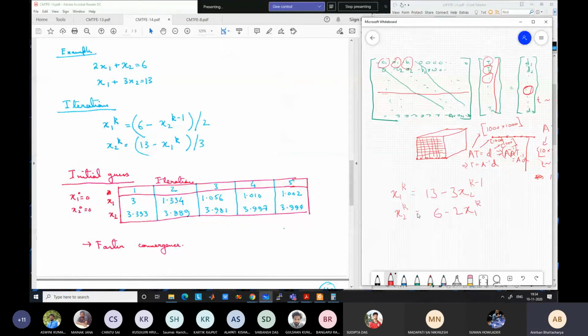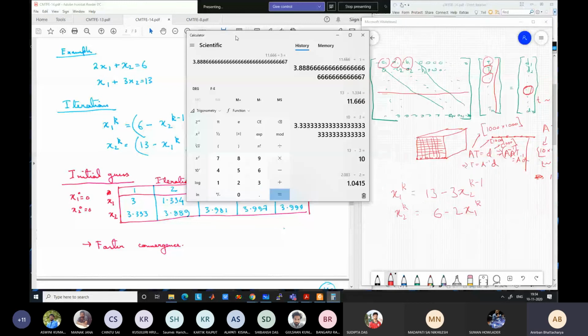So if I do this, let us calculate what happens, starting again from the guess value 0 0.